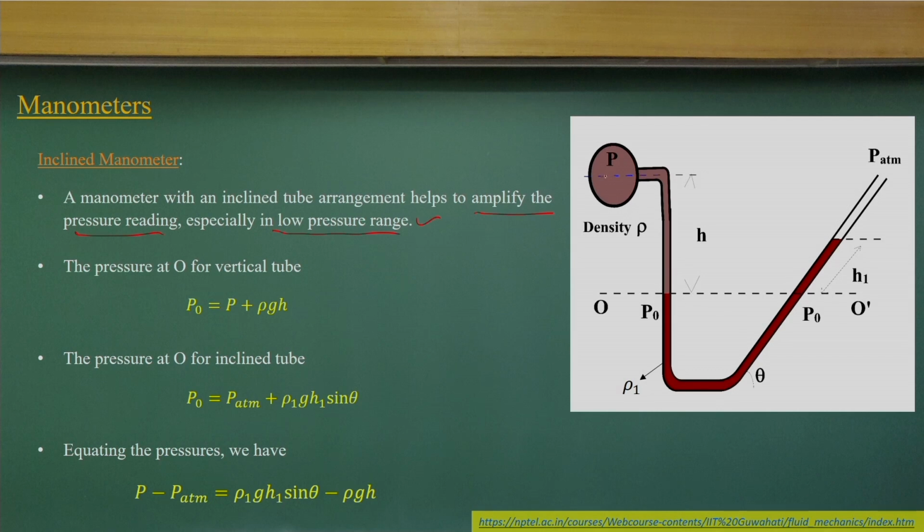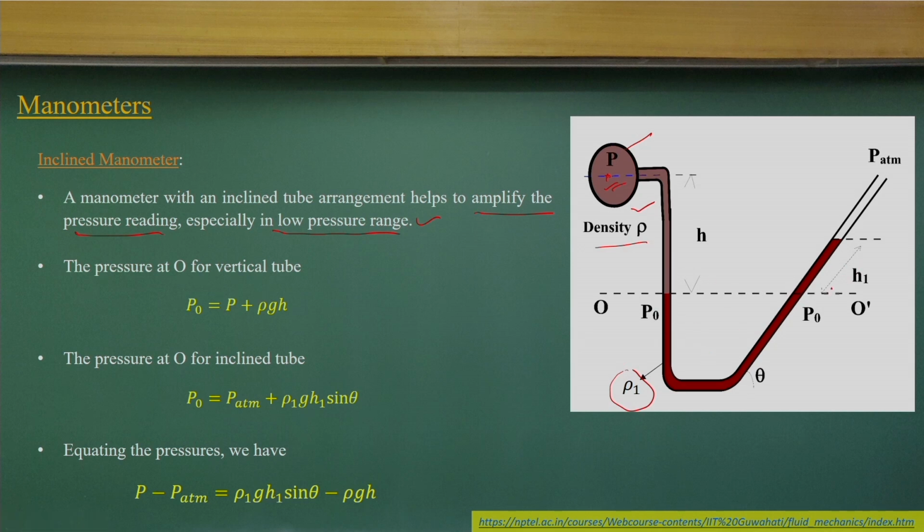Now, if I have this arrangement, this is the conduit where I want to measure the pressure P, and the conduit is carrying a liquid with density rho, and this is a manometric liquid with density rho 1.